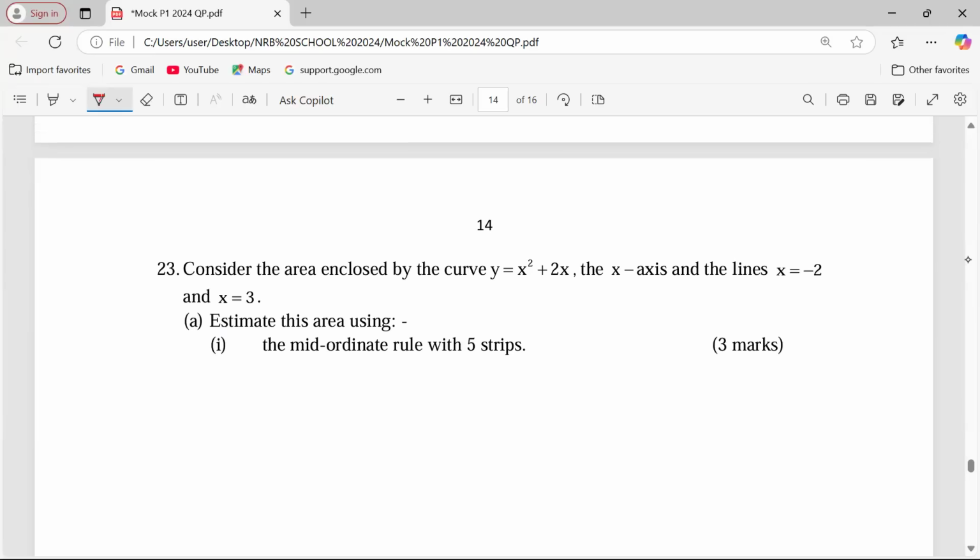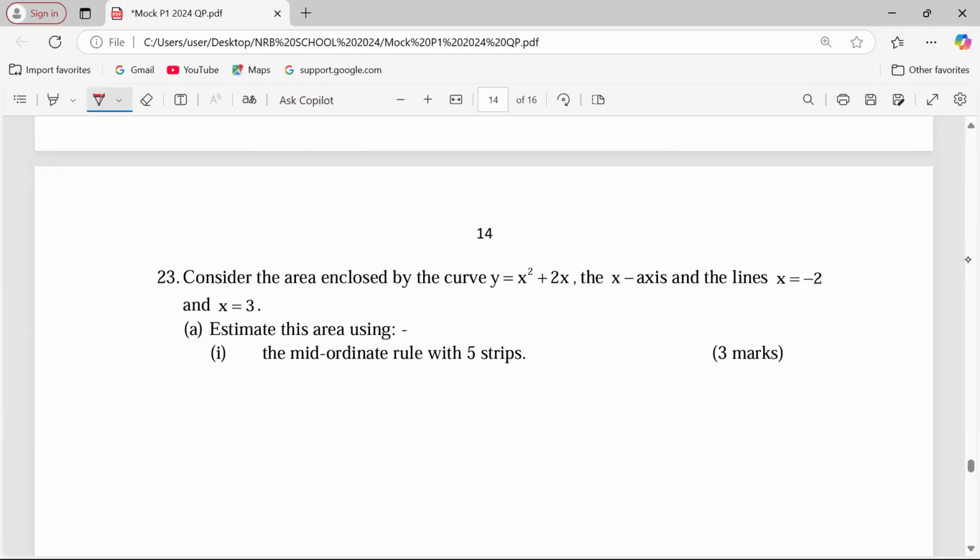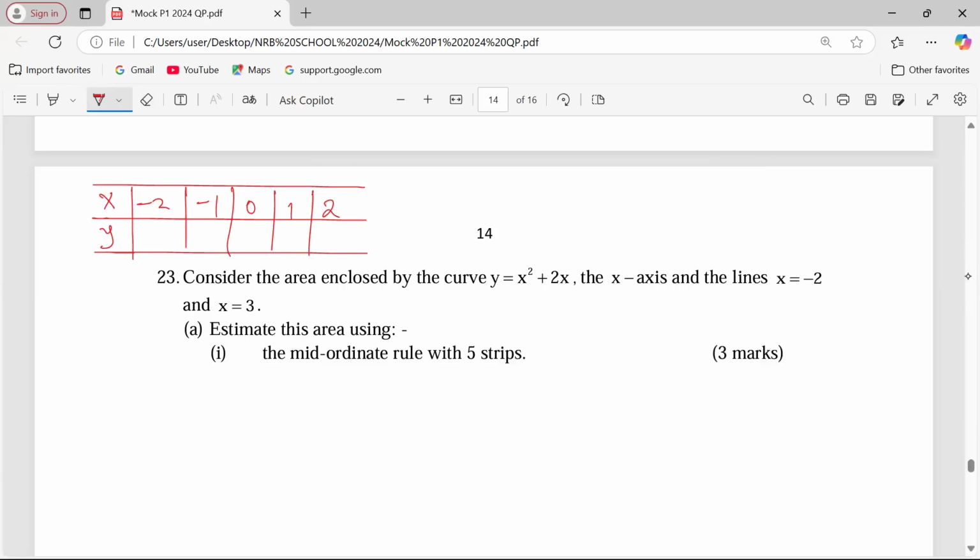So I'm going to use some tables here. Allow me to begin by doing a table of values for this particular curve between -2 and +3. So I have x, then the values of y: -2, -1, 0, 1, 2, 3.